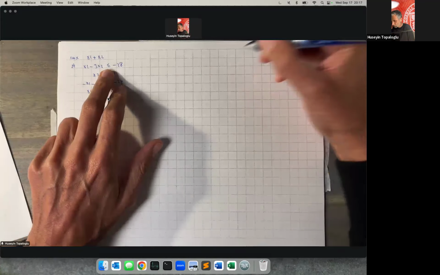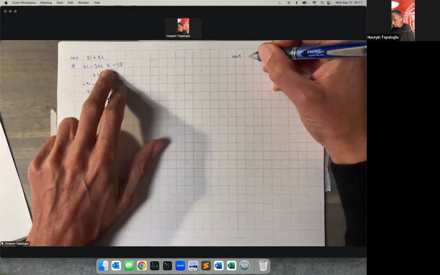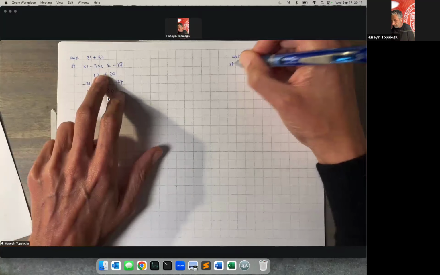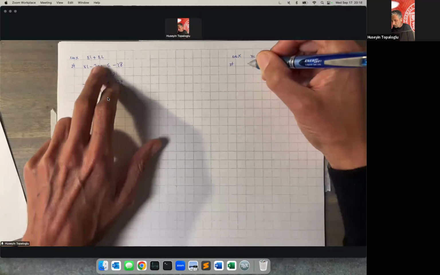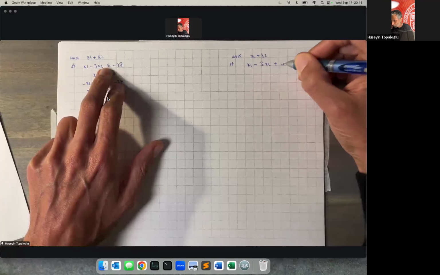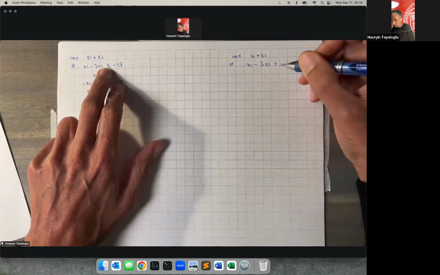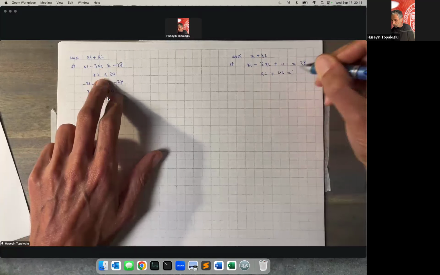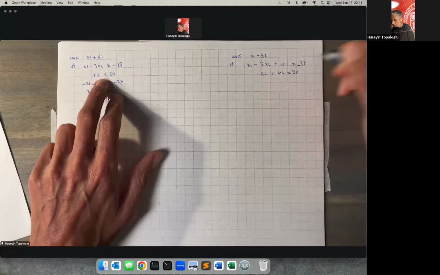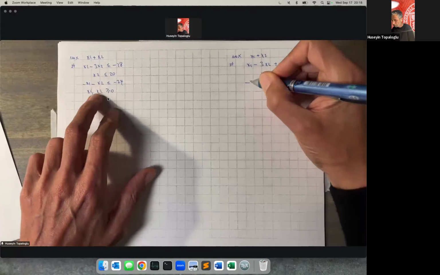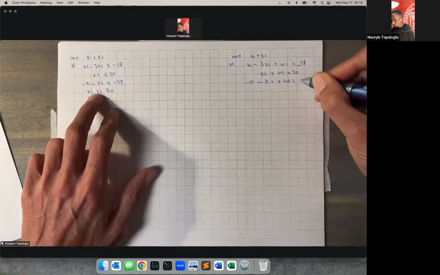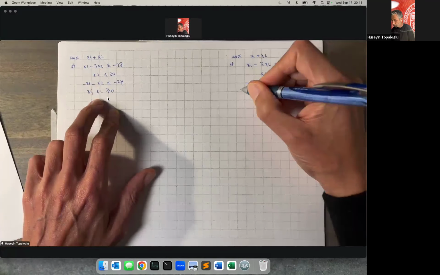Keep the same objective function, maximize x1 plus x2, and add to the left-hand side of the first constraint a slack of W1, the second constraint a slack of W2, and the third constraint a slack of W3.